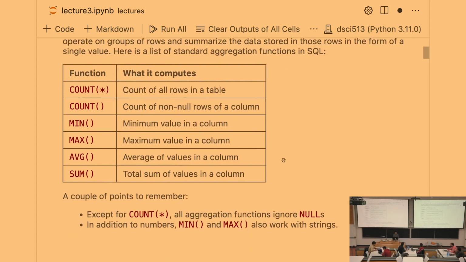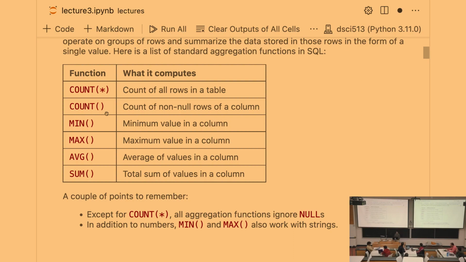Okay. So I guess the meaning of minimum, maximum, average, and sum are pretty obvious. There is just this count function which counts the number of rows in a table. If you do count star, it will count all of the rows, and you don't need to specify a particular column. However, if you specify a particular column, it will give you the number of non-null values.